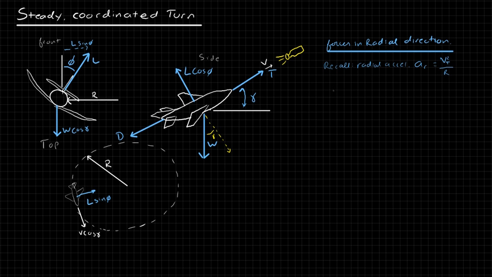So we have a force acting inward, and that's L sine phi. Now this equals mass times our radial acceleration, because our radial acceleration actually acts outward this way. And like we said, it's Vt squared over r, where Vt is actually v cos gamma.